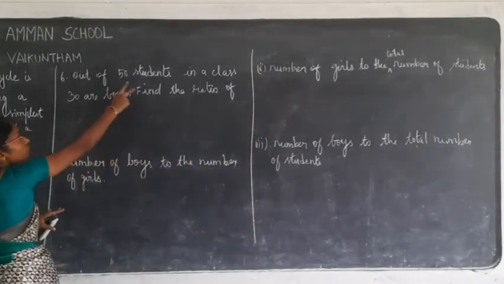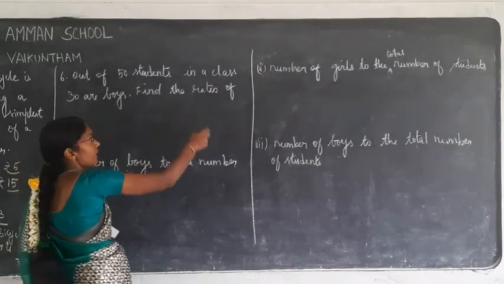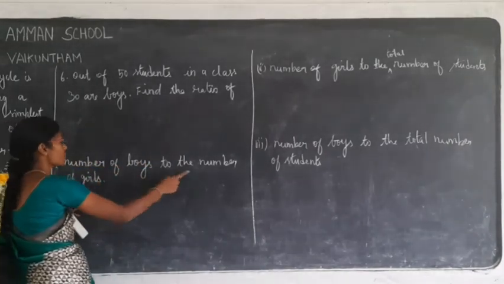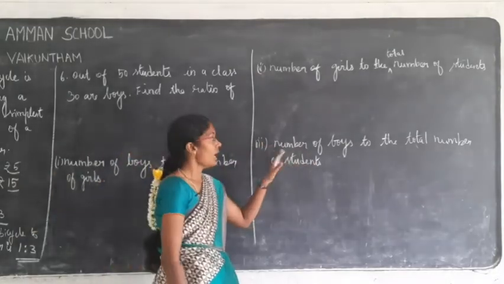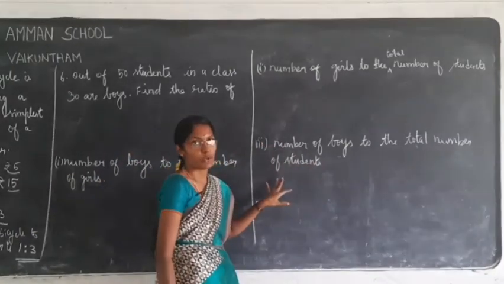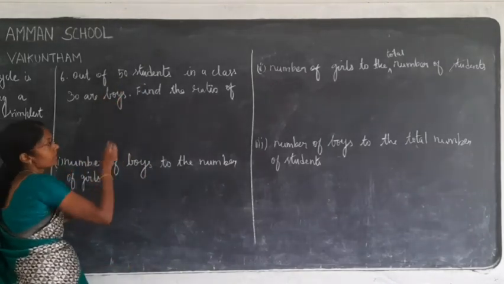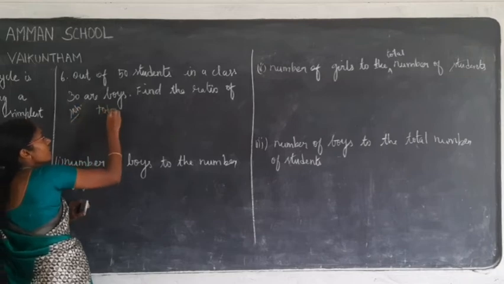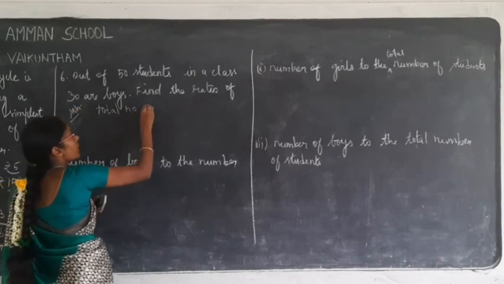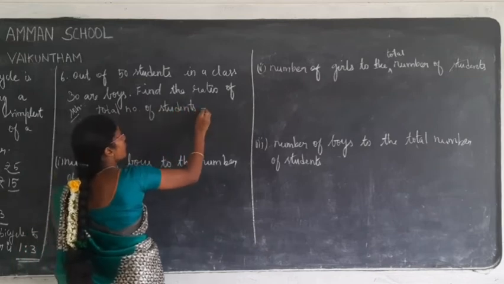So the next question, see here. Out of 50 students in your class, 30 are boys. Find the ratio of the number of boys to the number of girls, the number of girls to the total number of students, and the number of boys to the total number of students. Total number of students is 50.